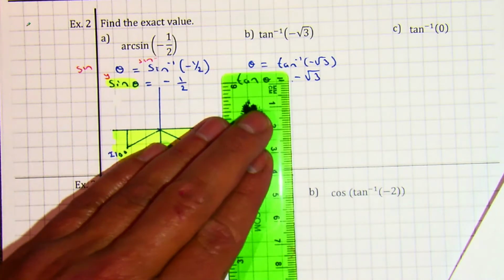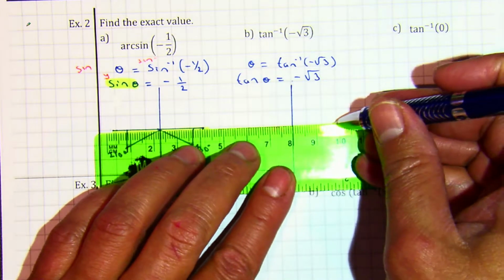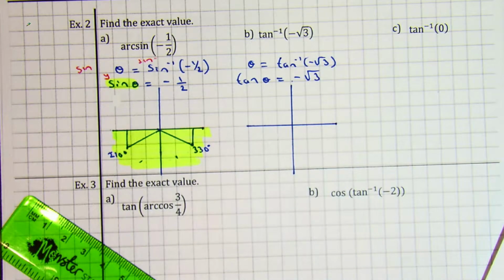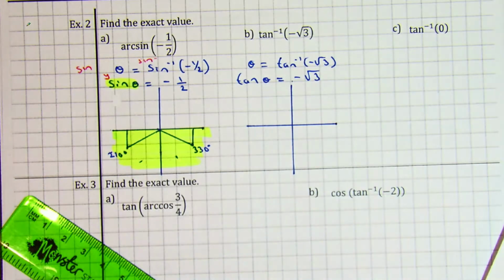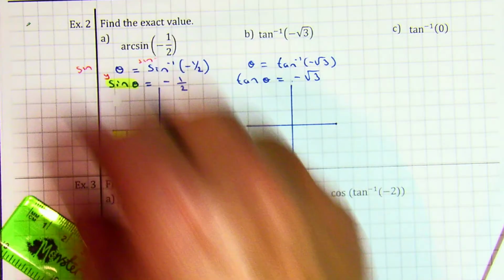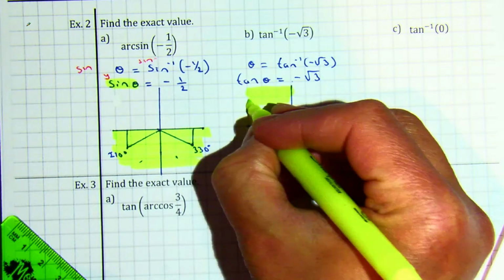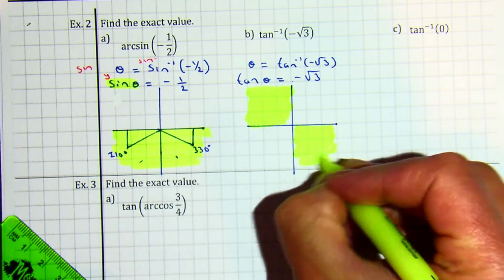I'm going to build an x and y axis. And tangent is negative. So in which quadrant is your tangent negative? Correct. It's either going to be on quadrant number 2 or quadrant number 4.